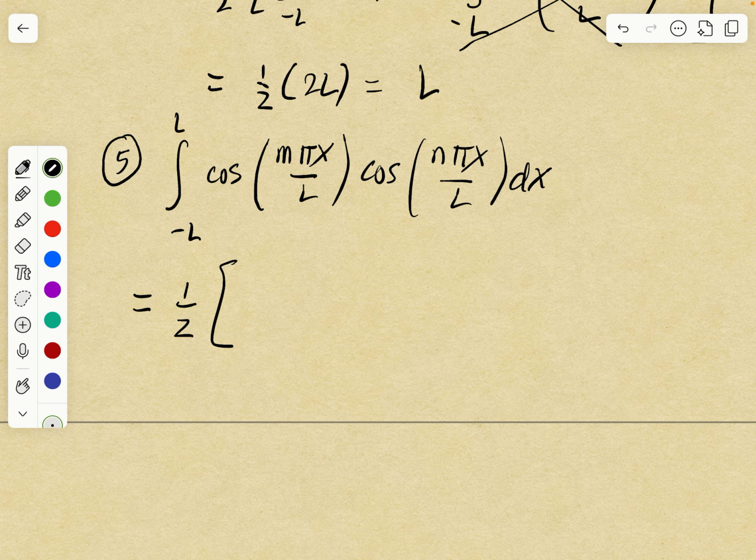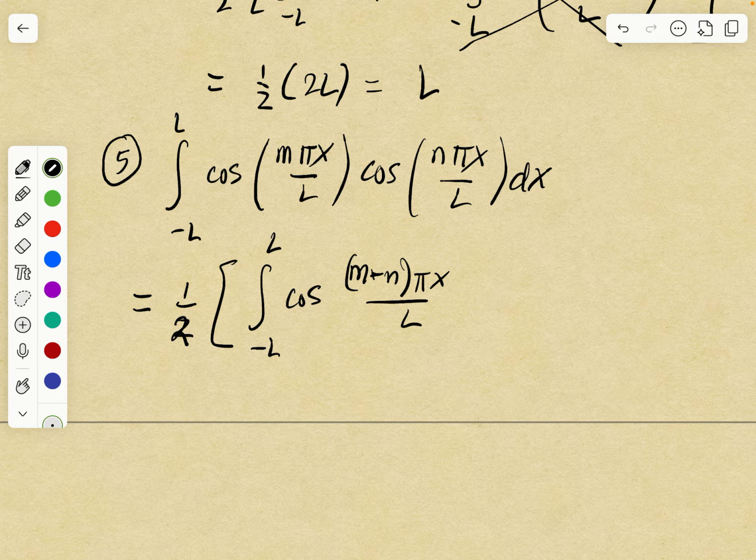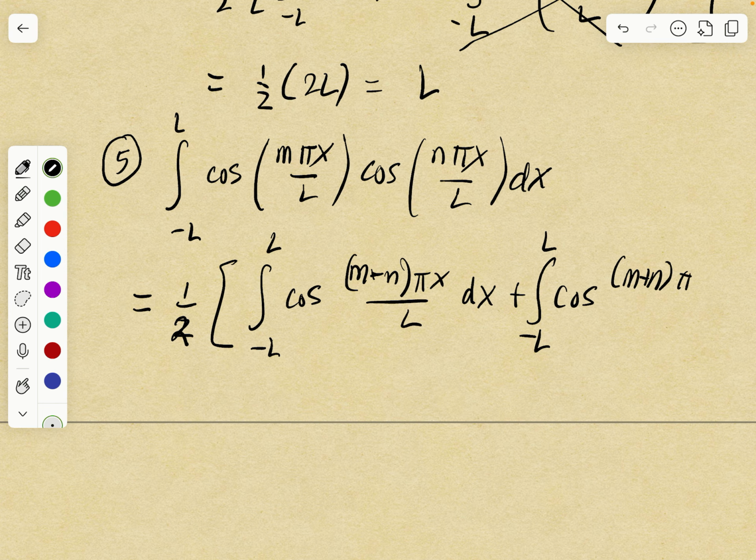So this is going to be 1/2 times the integral from negative L to L of cosine of (m minus n) pi x over L dx plus the integral from negative L to L of cosine of (m plus n) pi x over L. Hopefully this is true. I'm pretty sure this is correct.